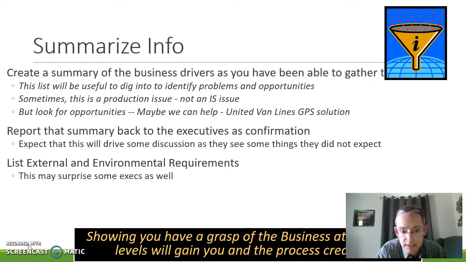Once you understand and can show that you have a grasp of the business at its highest levels, not only do you know where you need to make those impact adjustments, but you'll also gain credibility within the business. And the leadership that you're going to require to sponsor your activities going forward will understand that you understand what's going on with that business.